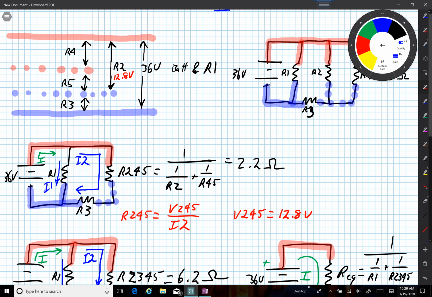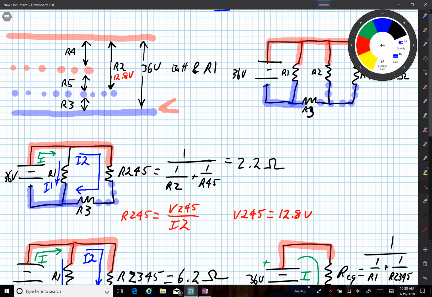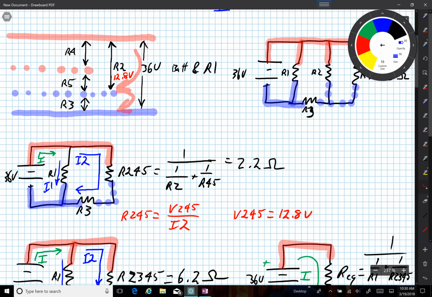Okay. And then Kirchhoff's voltage law is going to tell me, look here. Just look at the diagram up here, the ladder diagram. 36 volts is from solid red to solid blue in one jump. It's a 36 volt jump. If I go from solid red and take a jump to dash blue and then dash blue to solid blue, I've got to get 36 volts for the total jump.